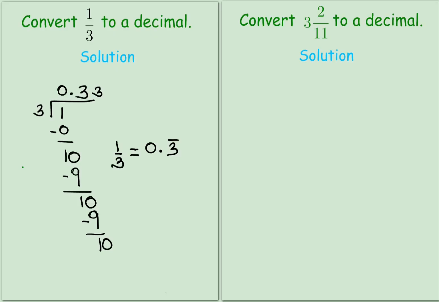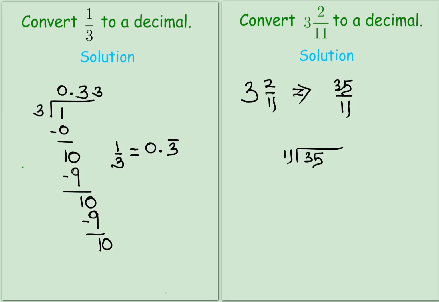Or you can change everything to an improper fraction, and then proceed from there. Let's do that with the latter. That is 3 whole number 2/11. That becomes 35/11.